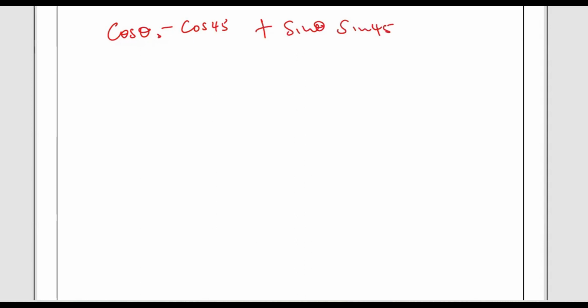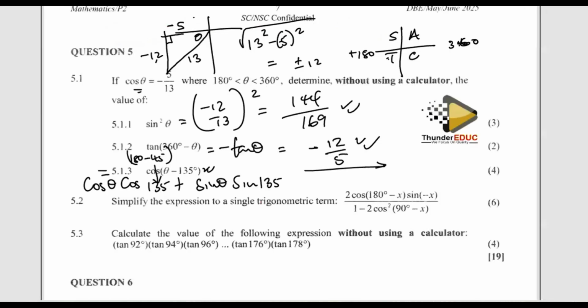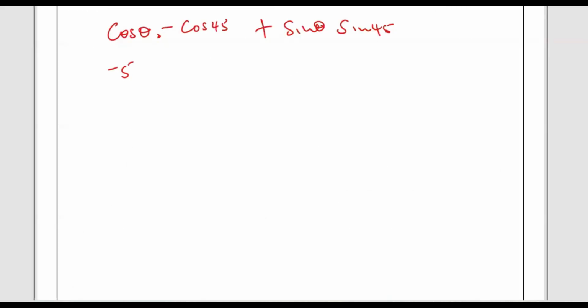So we know that the cos of 45 is 1 over root 2. Is that correct? It's 1 over root 2. But then our theta from here, our cos theta is negative 5 over 13. Okay, negative 5 over 13. We're multiplying it by the negative 1 over root 2.